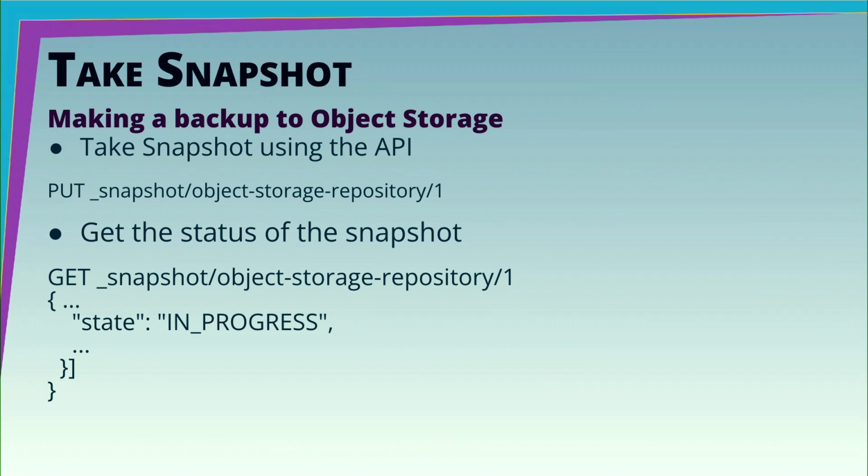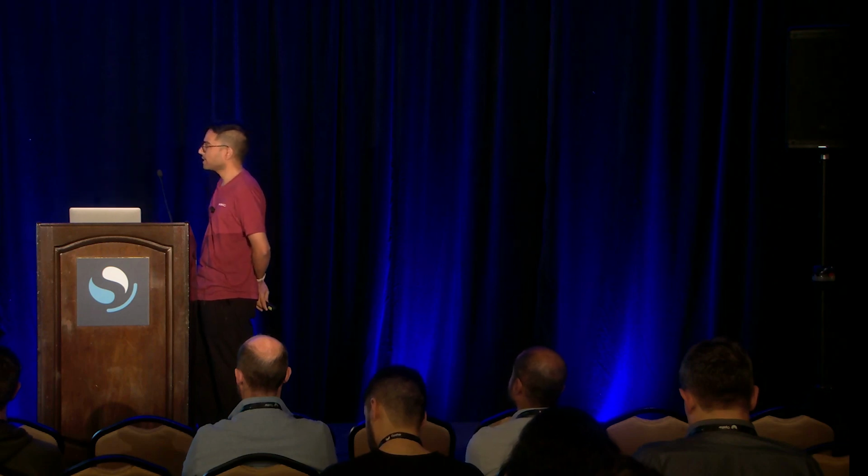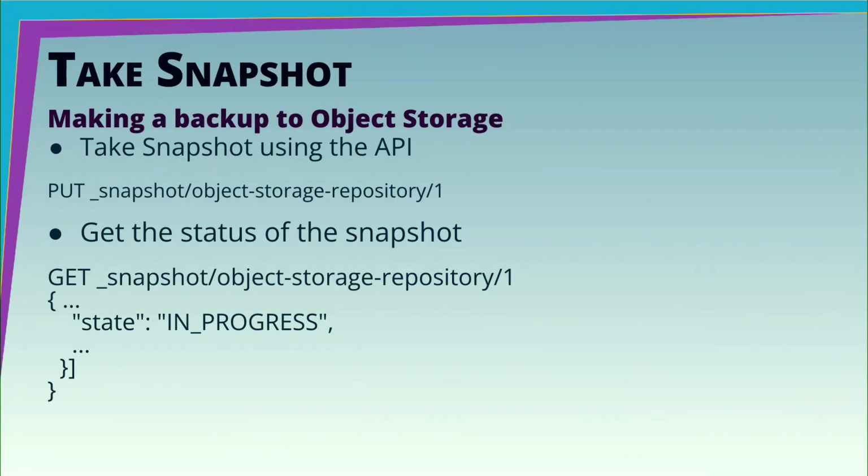And you can also add a flag to this called wait for completion. Essentially, it will wait for the snapshot to finish and then it will return it back. But more often than not, I would recommend just not using that flag and just using put, because then if the snapshot is very big, you don't have to wait as long for it to finish.